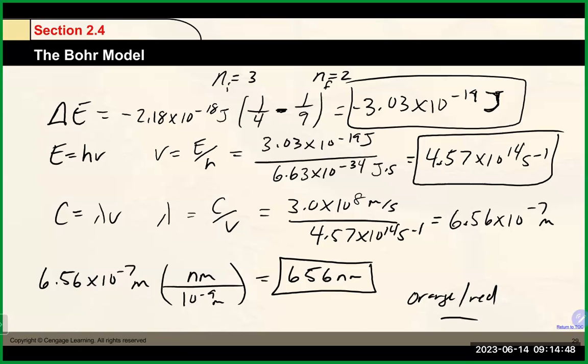Yeah, we dropped the negative just for practical reasons. Wavelength and frequency should always be positive numbers. Otherwise, obviously, if you leave it in there, you'll end up with a negative number. That's really the straightforward answer to that. But we do want to make sure we keep the negative if it happens to be negative for the energy, because it's important to let people know that it's an exothermic process with that negative sign.